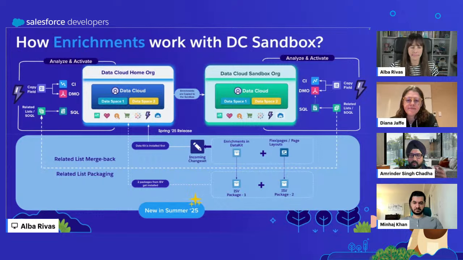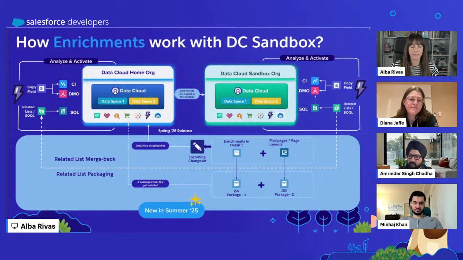And one key thing to note here is that in Data Cloud sandboxes, we already support enrichments as of this release, but we will also support something we call sandbox mergeback, which is taking all of these enrichments and a lot of capabilities that Data Cloud has and deploying it back to your production org, so you can test everything, make sure that everything works properly, and then deploy it back to the production org.